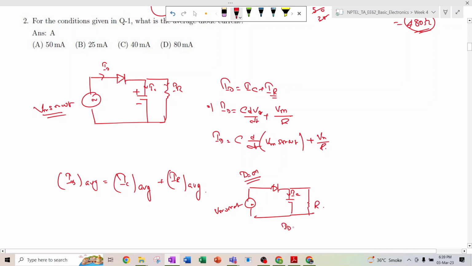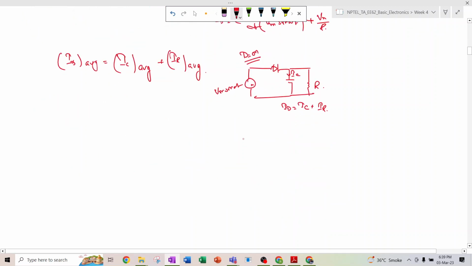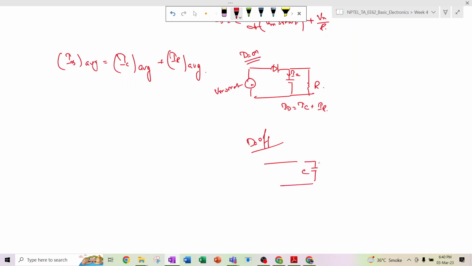So this ID is nothing but IC plus IR. Okay, and whenever the diode is off, that means, so there is a capacitor and there is a resistor.